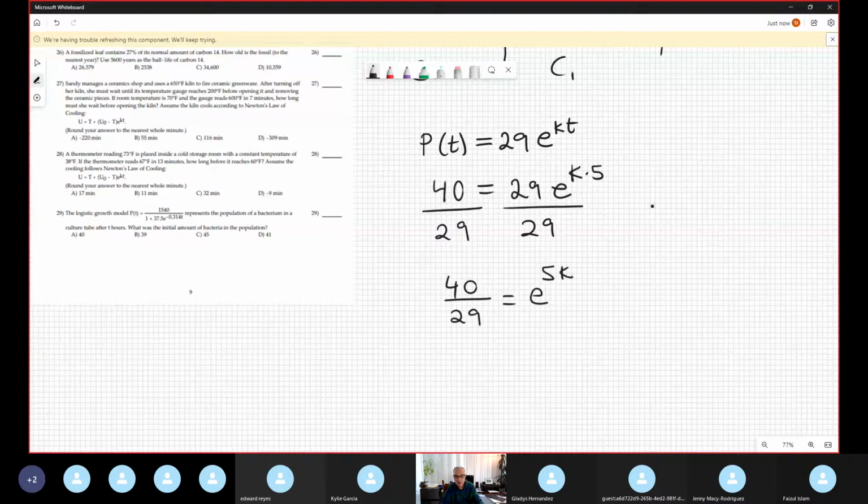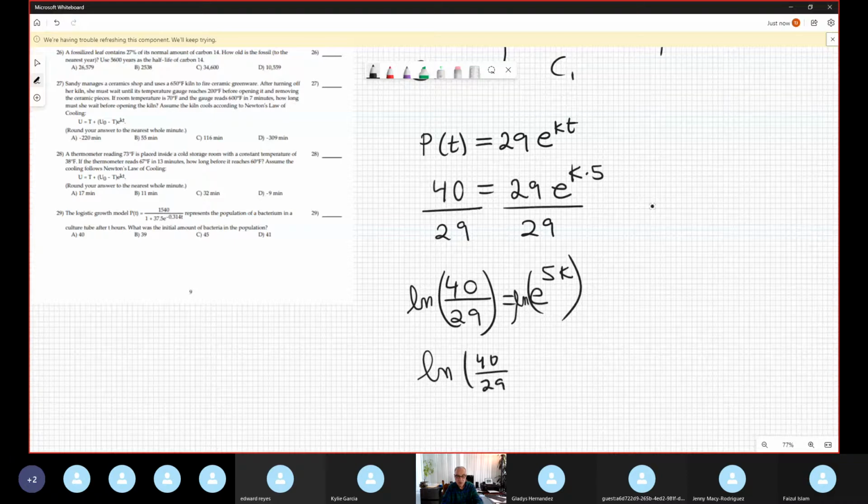I put the coefficient in front because I feel more comfortable. Now you apply a logarithm. What kind? Natural, of course, because the natural logarithm and the exponential e with the same base undo each other. So natural log of 40 divided by 29 is equal to 5K.